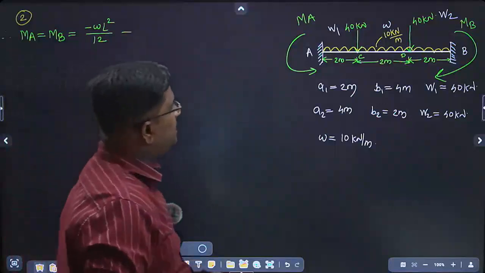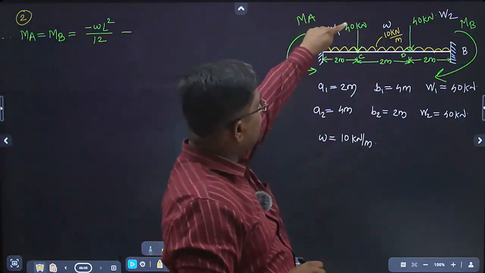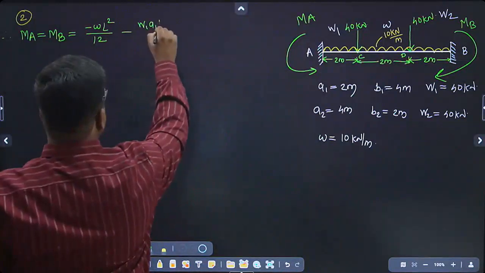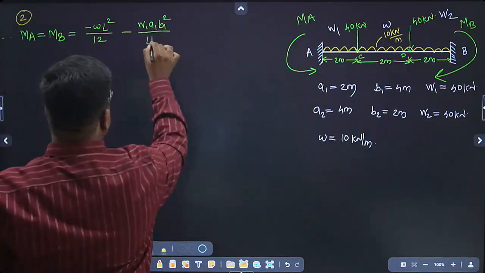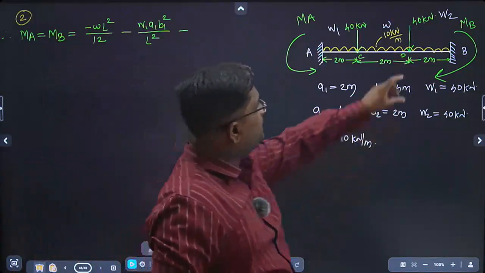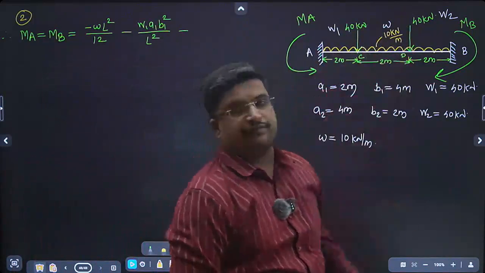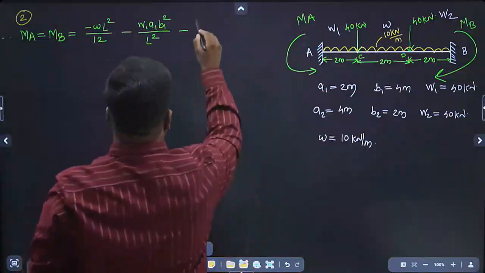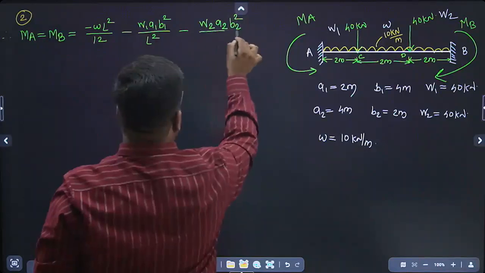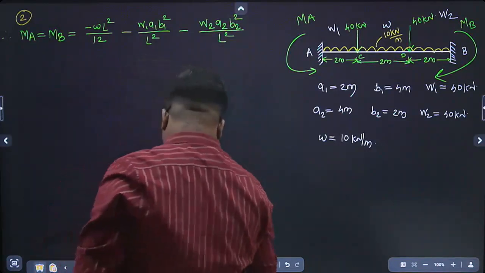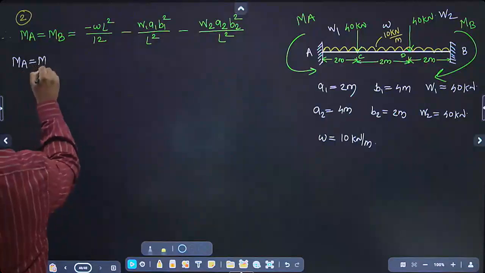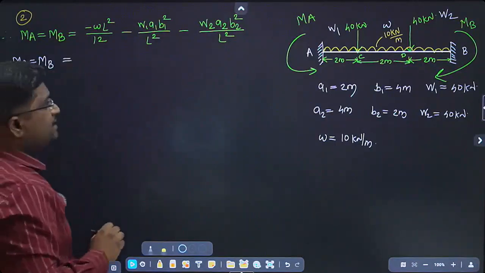Next, minus W1 A1 B1 square upon L square, minus again for this W2 A2 B2 square upon L square. Same formula you have to apply. Now put the values here and find out the values of capital MA and capital MB, means fixed end moments.